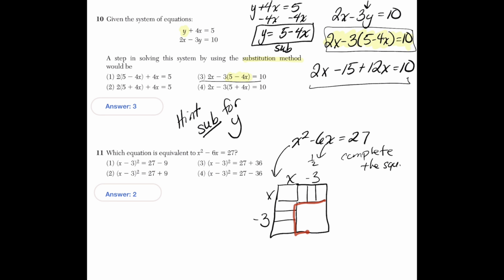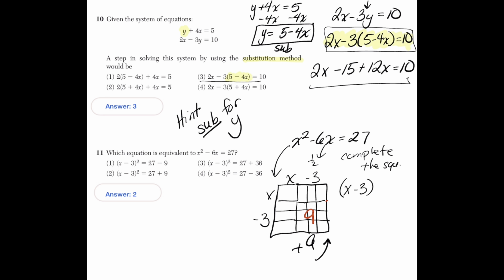So what would I need to complete this square? And that's why I like this visual, because I can literally see it is a 3 by 3 square, or my magic number here is 9. So I can add 9 to complete this square. So that is the key to this one. Now, how do I represent this? I could represent this as x minus 3.